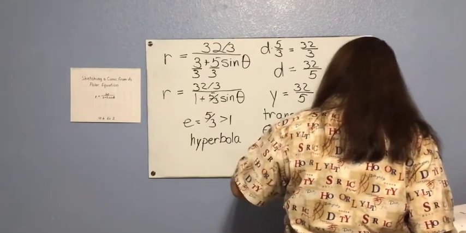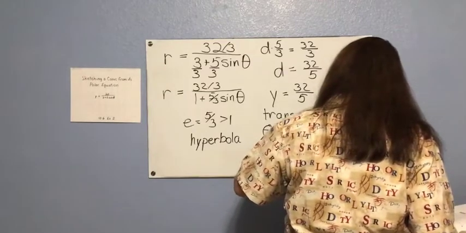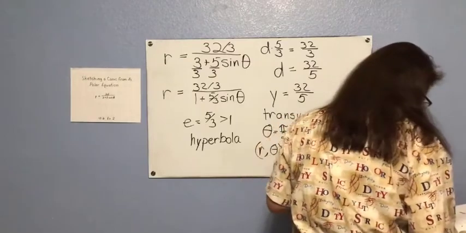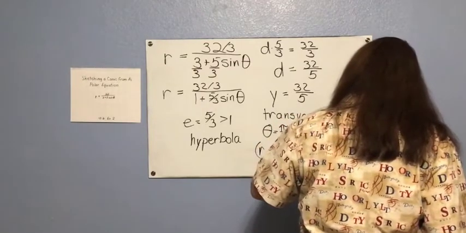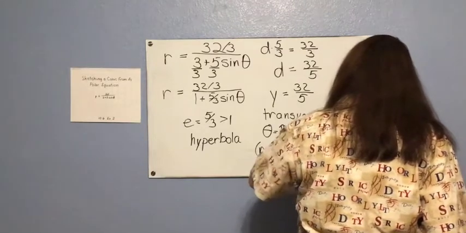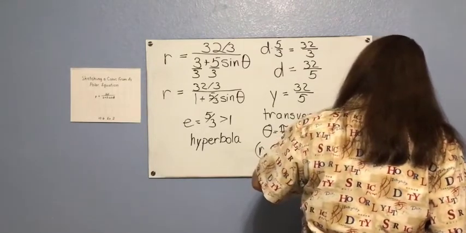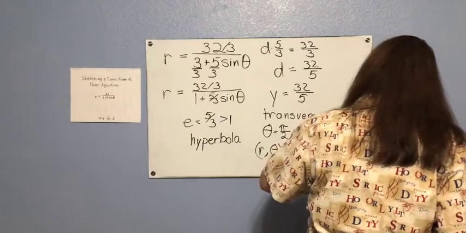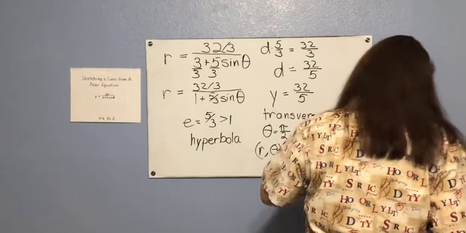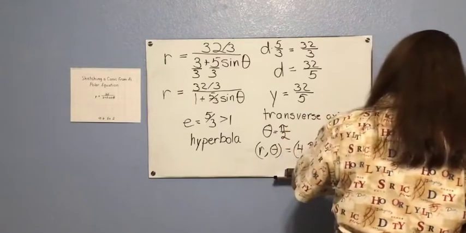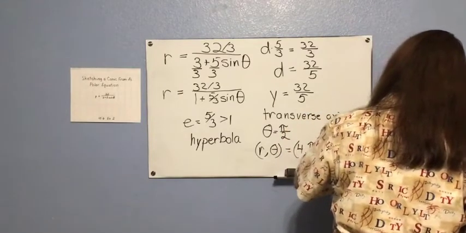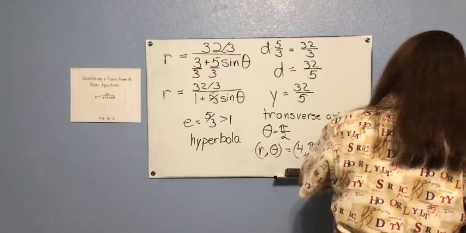And my vertices are at 4, pi over 2 and negative 16, pi over 2.